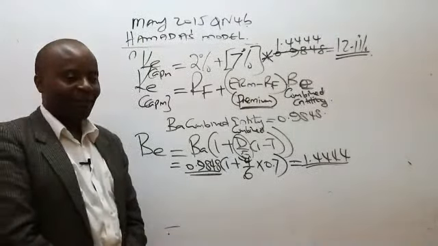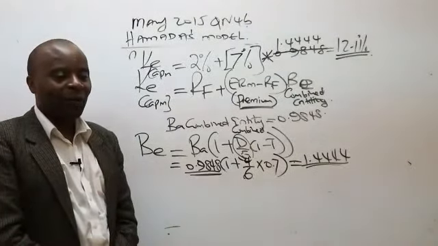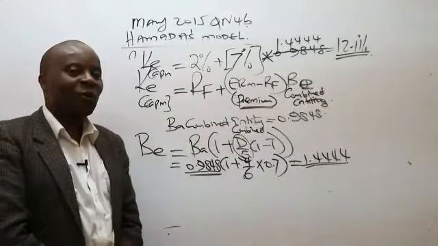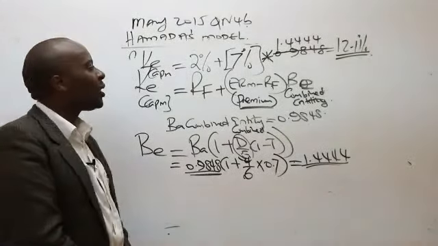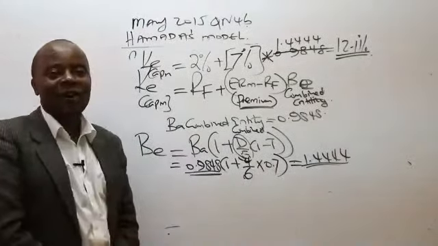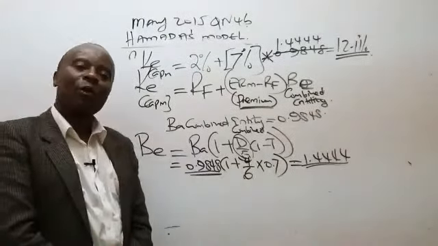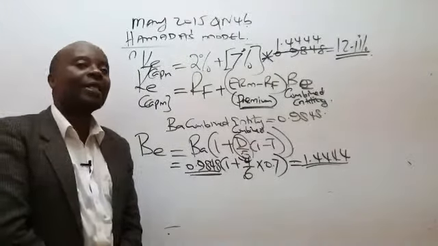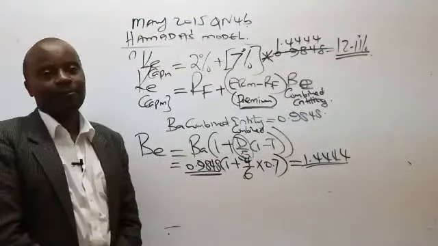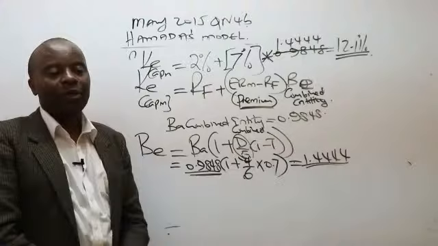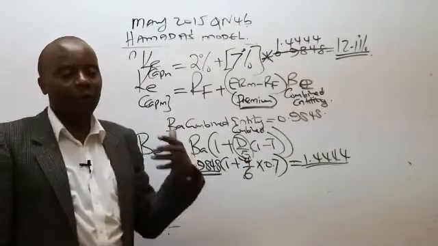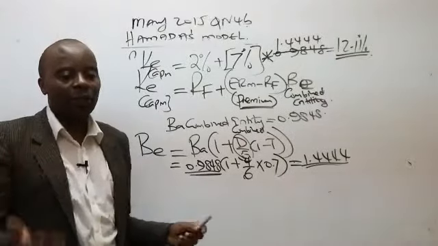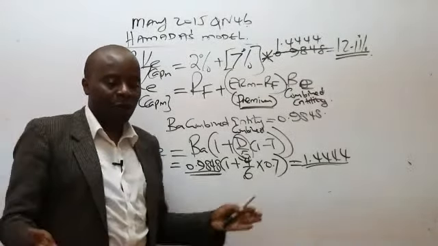Beautiful. I've been able to get the cost of equity, but ladies and gentlemen, there is no way I will be able to use this cost of equity to discount. Why? Because this organization has got debt in its finance structure. So I need to go a step further and calculate what we call the WACC.